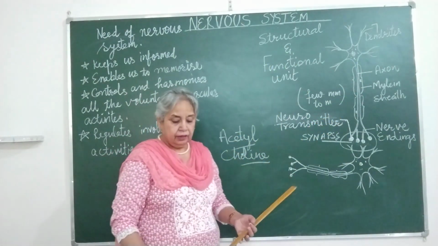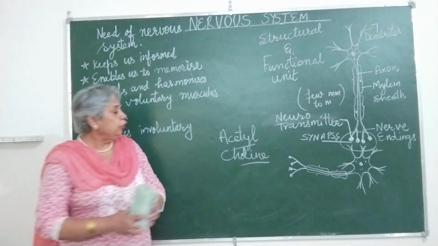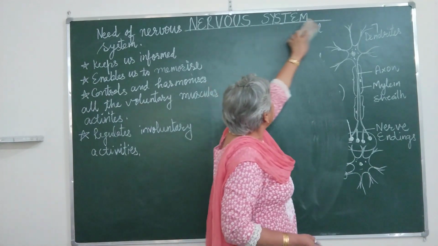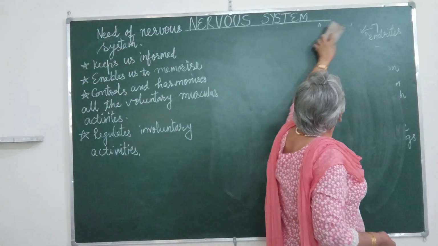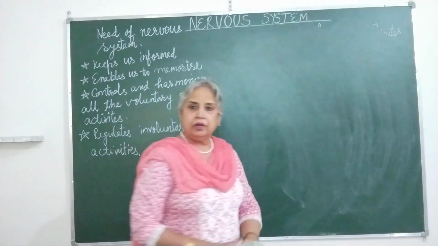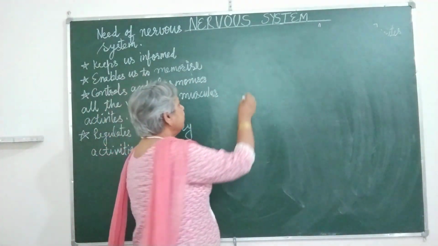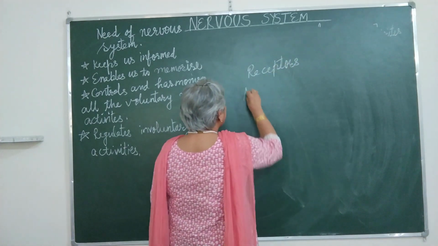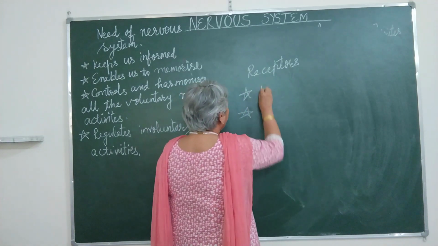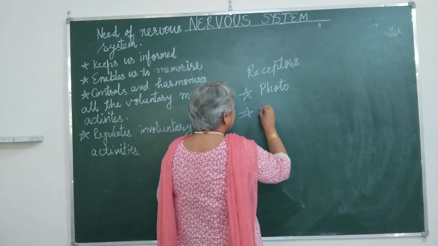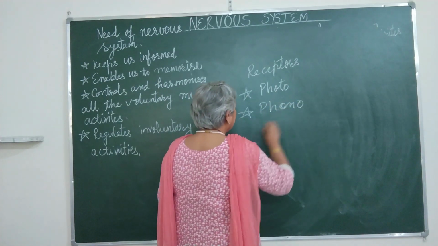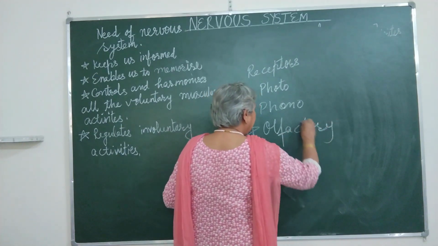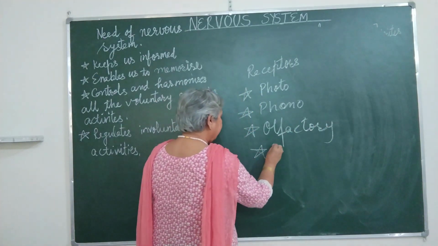So the communication in our nervous system to various parts of our body is through the neurons. Okay? Now, the neurons are doing this. So, there are messages which are received by our receptors. Okay? So, receptors are to receive the messages. So, various receptors are photoreceptors, then phonoreceptor, then olfactory receptor, and then gustatory.